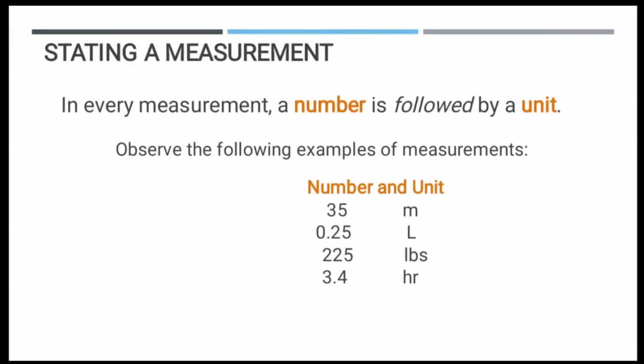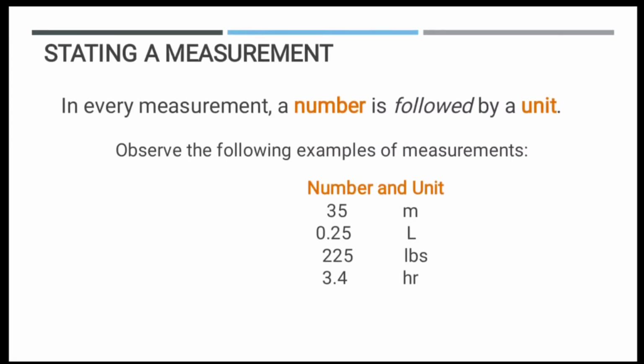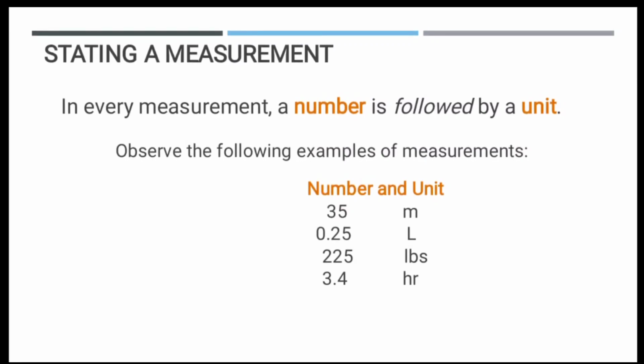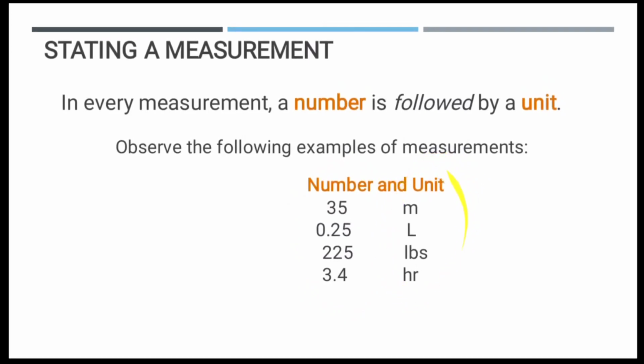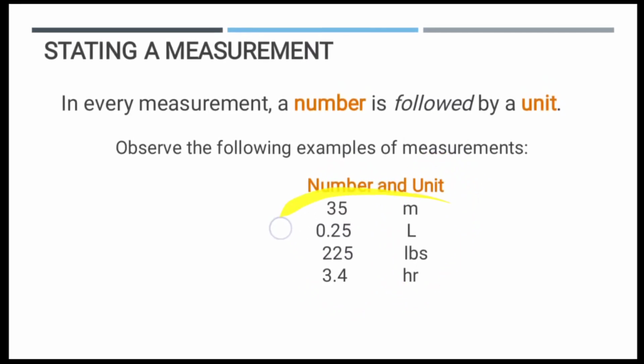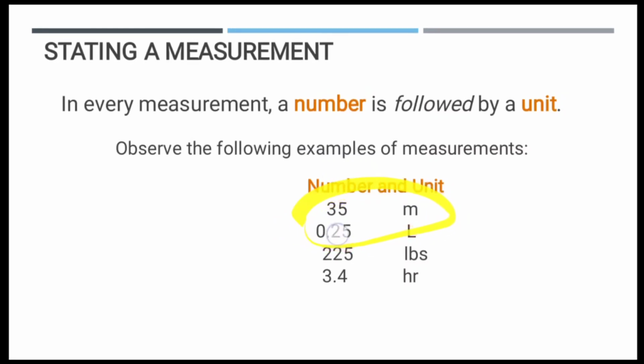So how are we going to state a measurement? In every measurement, a number is followed by a unit. To state a measurement, there should be a unit after the number. Observe the following examples of measurements. As you can see, we have the number column and the unit column. Suppose we have this example, 35 m or 35 meters.